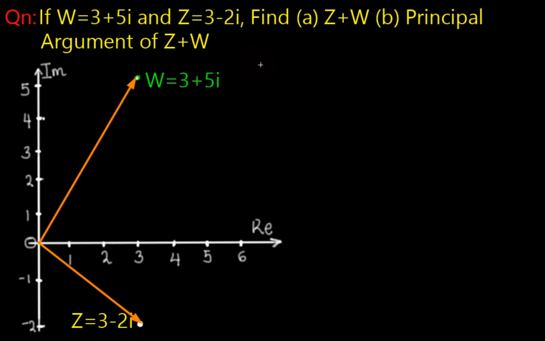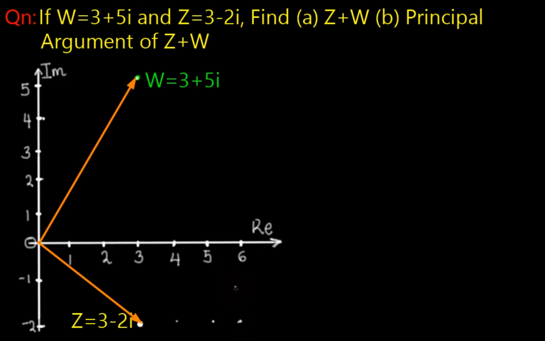We are going to add the units of w onto the head of z. Remember that our w is given by 3 plus 5i, meaning that we are going to move 3 steps along the positive real axis, so this is one step, the second step, and the third.